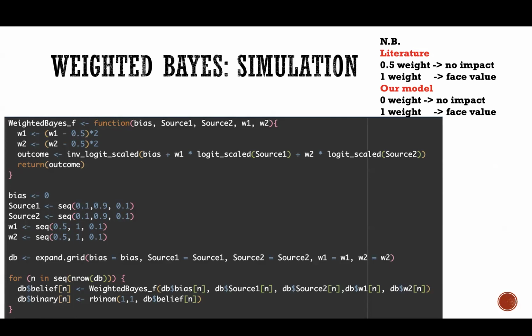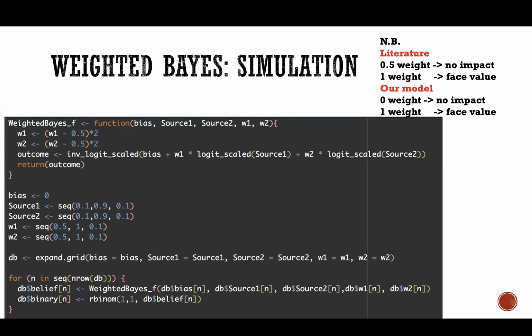The function takes a bias, the evidence from source 1, the evidence from source 2, the weight for source 1, the weight for source 2. And then the outcome is generated with the usual equation, right? Bias plus weight 1 times the log odds of source 1 plus weight 2 times the log odds of source 2. When we run the simulation now, we don't just have bias and source as before.